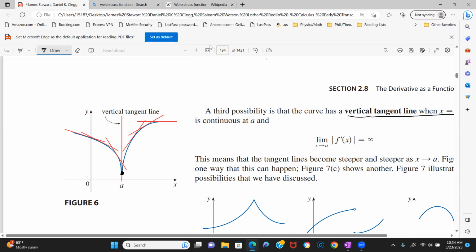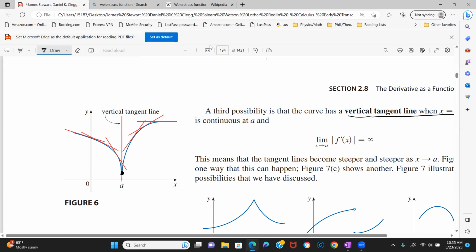But this is different from the absolute value, because these tangent lines are both approaching the vertical line, which has an infinite slope.